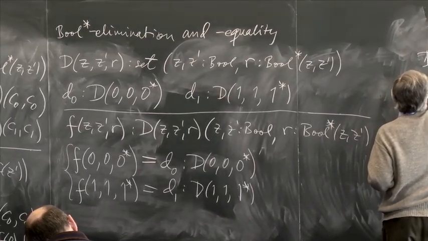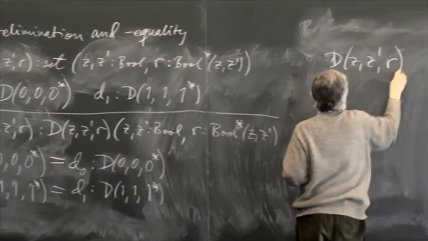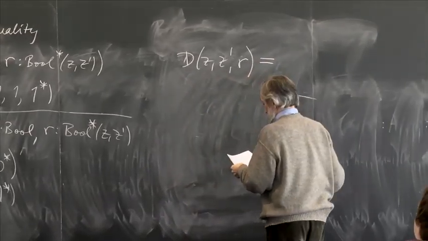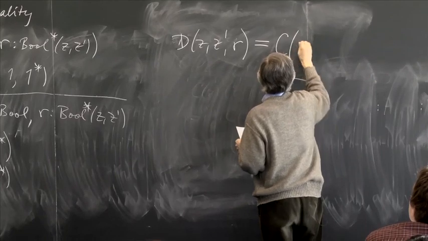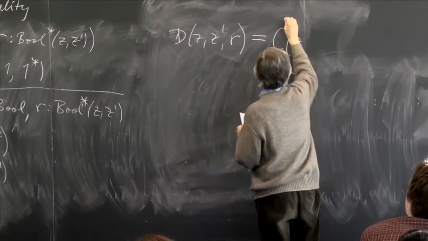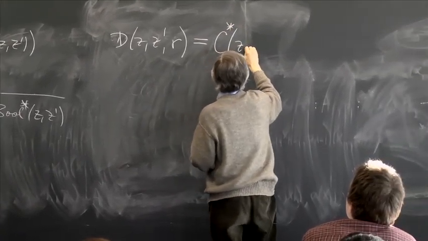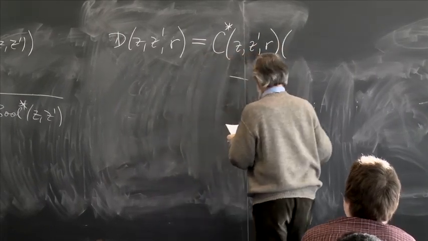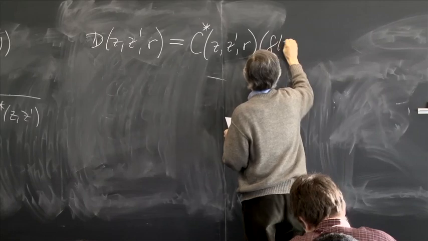D of z, z prime r, we choose it as C star of z, z prime r applied to f of z and f of z prime.